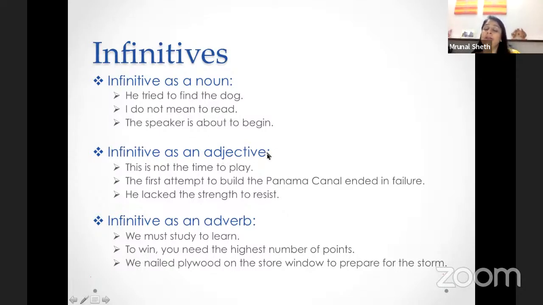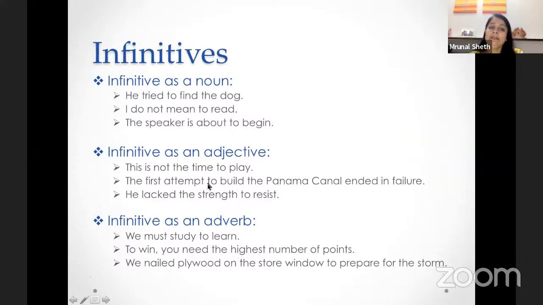Infinitive as an adjective. This is not the time. Time for what? To play. So it is modifying or qualifying the noun time. The first attempt to build the Panama Canal ended in failure. Again, here, the first attempt. Which attempt? To build the Panama Canal.